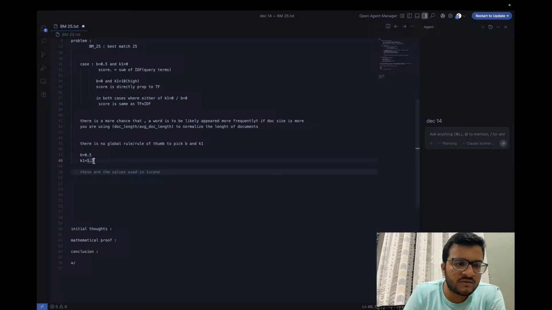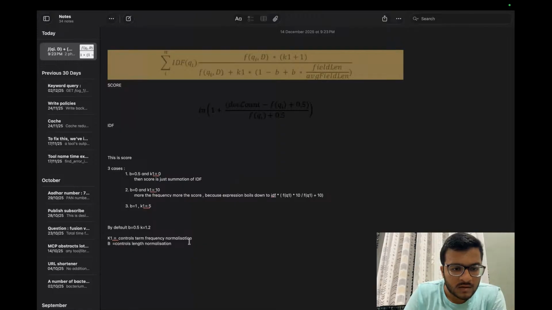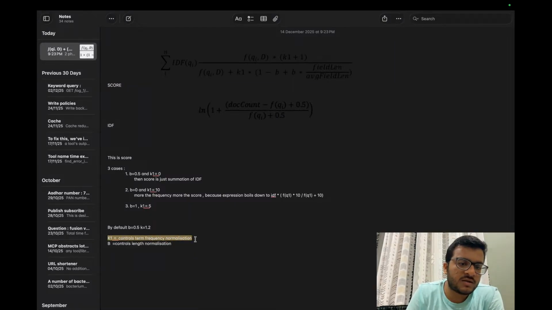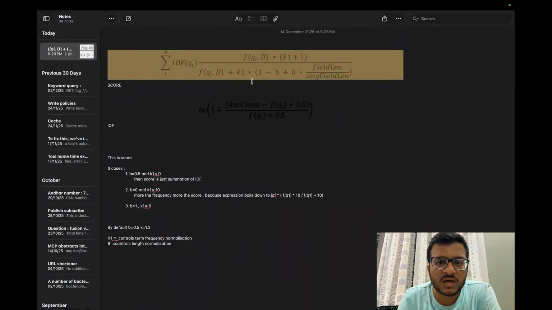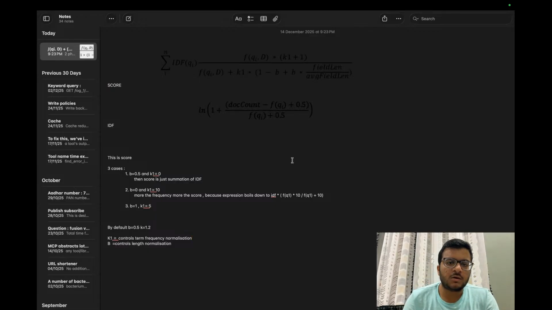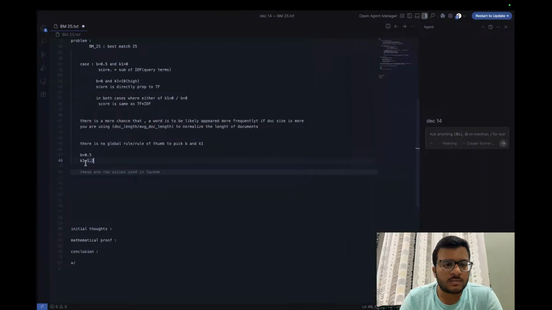You can make your K1 higher because K1 controls the term frequency normalization. The higher your K1, the higher the score will be, because it is more aligned towards frequency. It's not normalizing it. K1 of 1.2 is the best frequency normalization that they have observed.